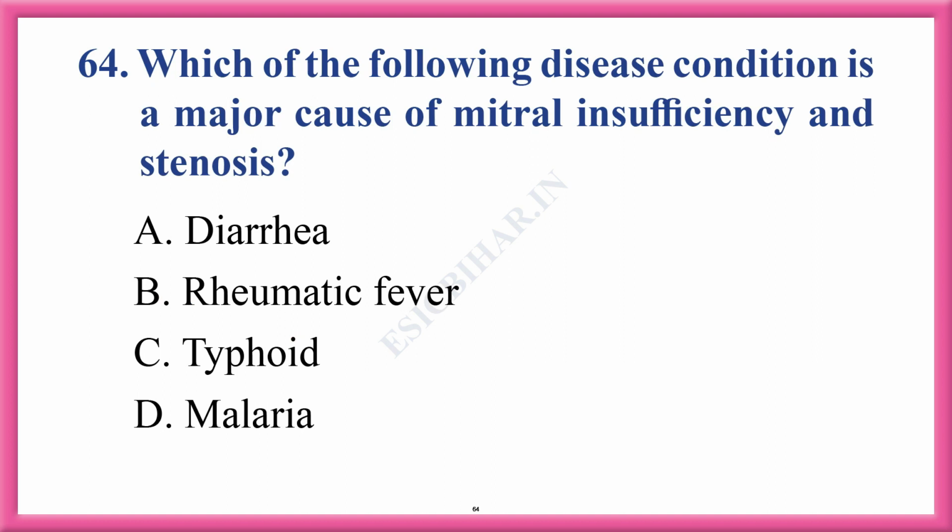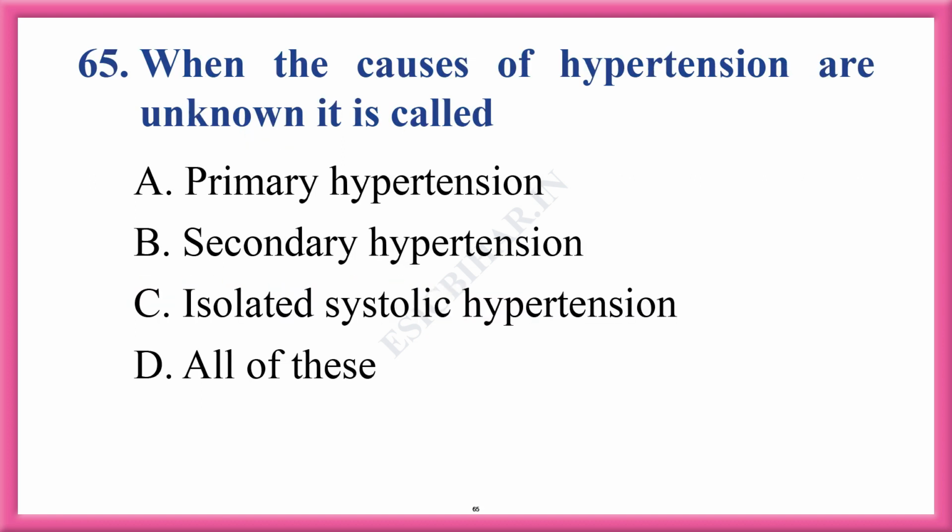Question 64. Which of the following disease conditions is a major cause of mitral insufficiency and stenosis? A. Diarrhea. B. Rheumatic fever. C. Typhoid. D. Malaria. And the answer is B. Rheumatic fever.